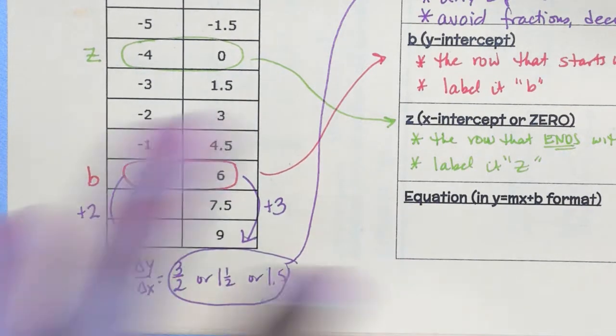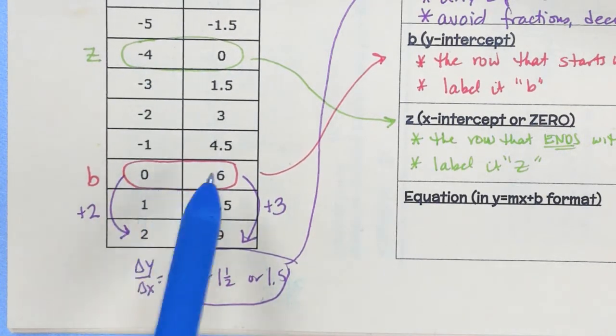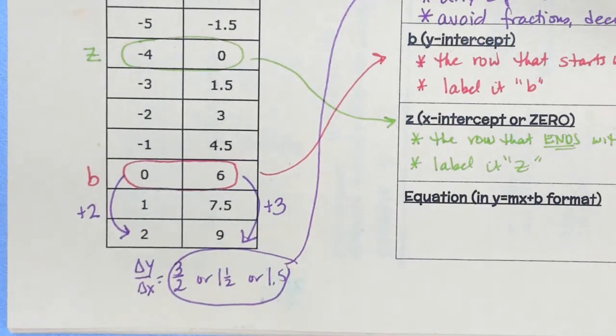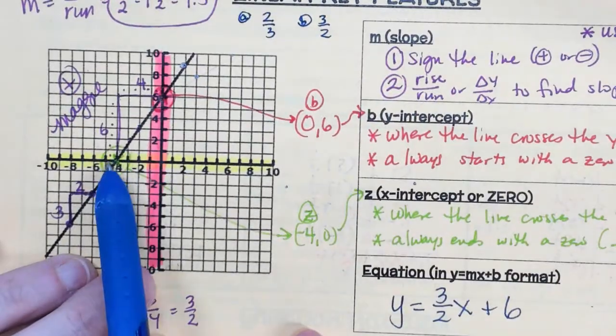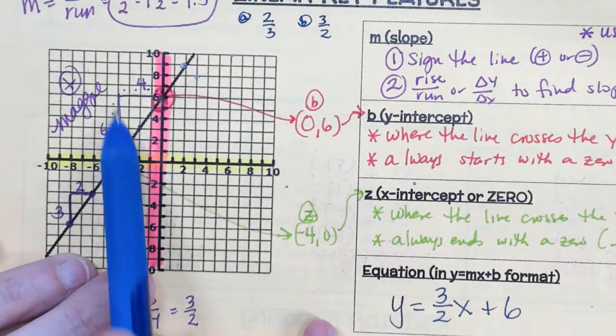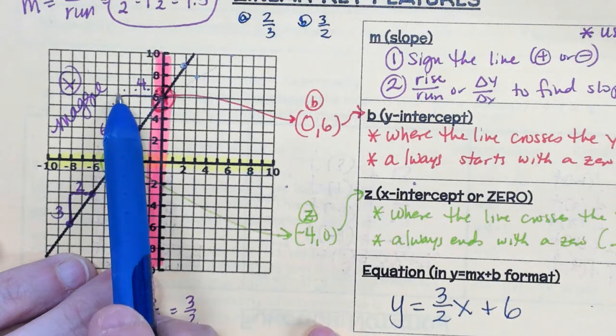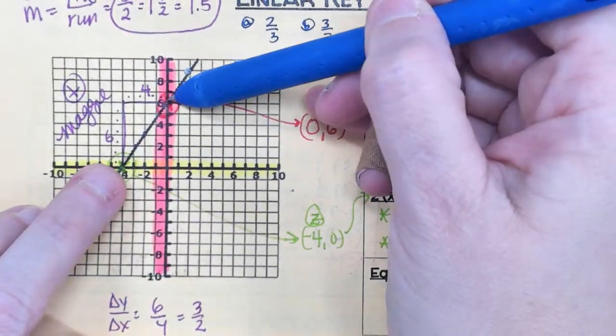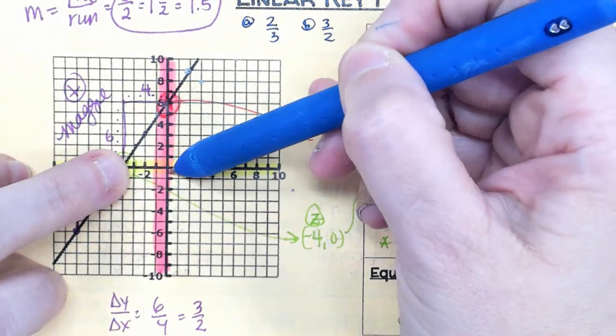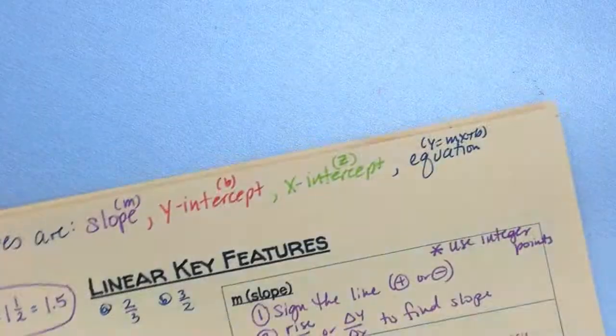Okay, 6 divided by 0, that only works if you have a (0, 0) row. You always do change in y over change in x. So why did you do y over x? Because I actually did change in y. I said, how did my y's change here? The distance between the y's on these two points was 6. The distance between x on these two points was 4.